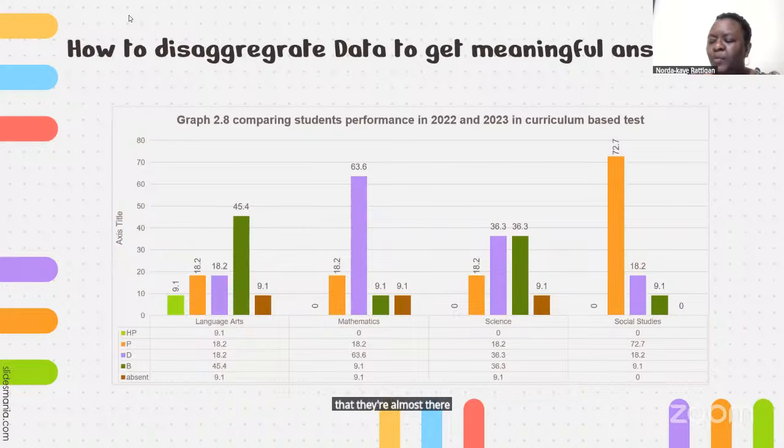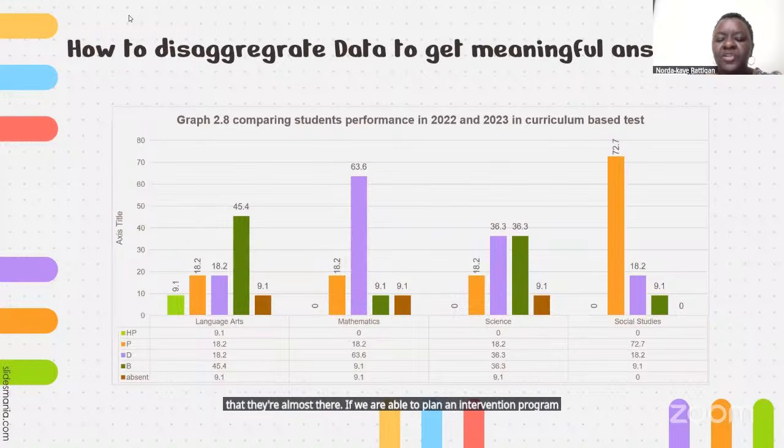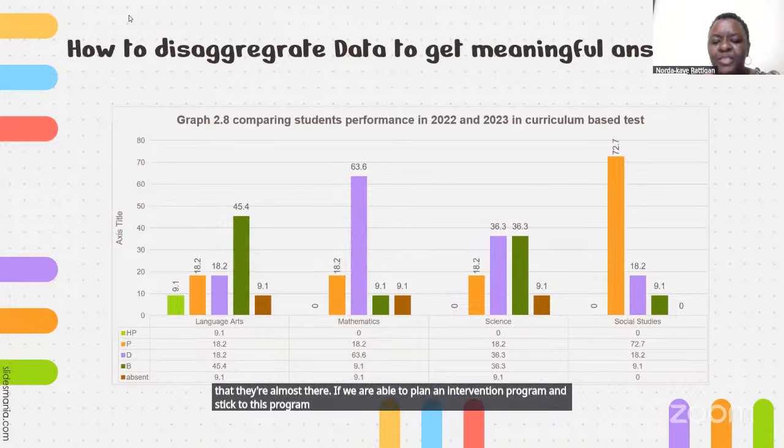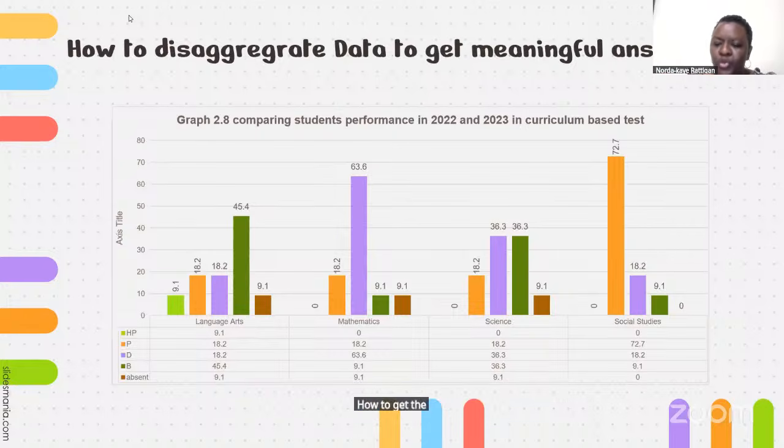If we are able to plan an intervention program and stick to this program, I can get this percentage of developing to move over into proficient. And that is what we want as administrators: how to get the students coming out with what they need to survive in this world.